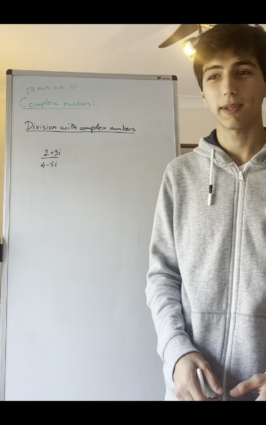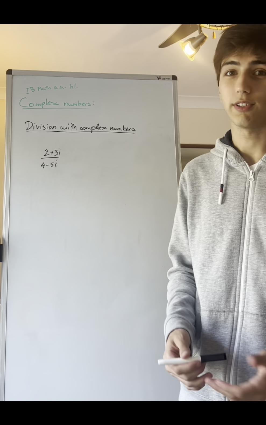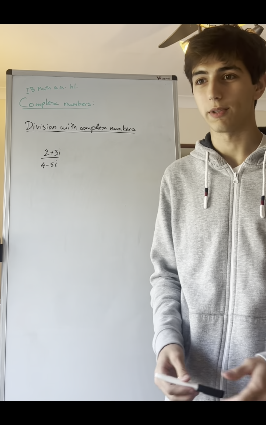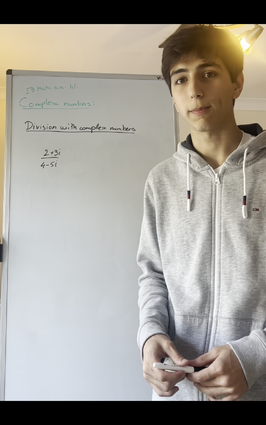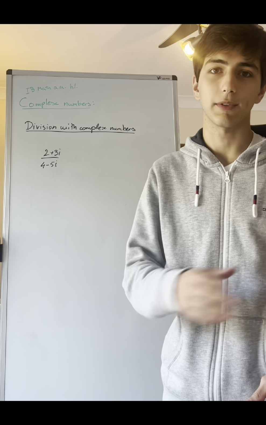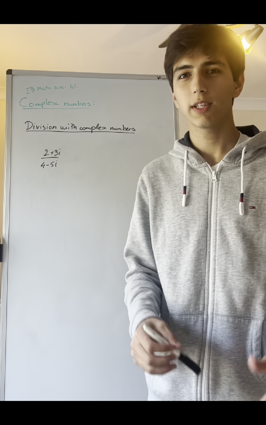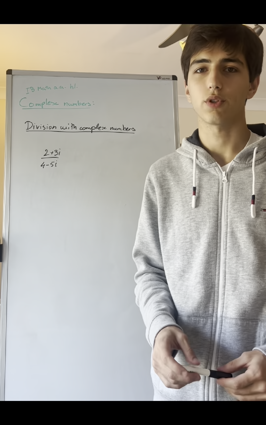Okay, now that we're done with that question, let's move on to how to divide with complex numbers. Most operations such as addition, subtraction, and multiplication are pretty straightforward, as we've seen in the previous sections. However, division can be a bit more tricky.